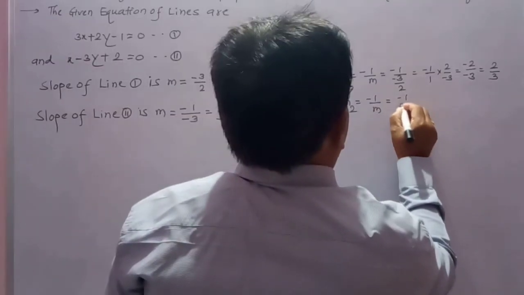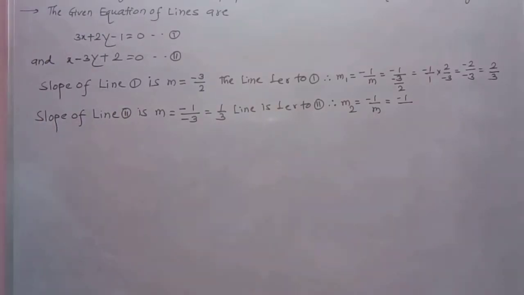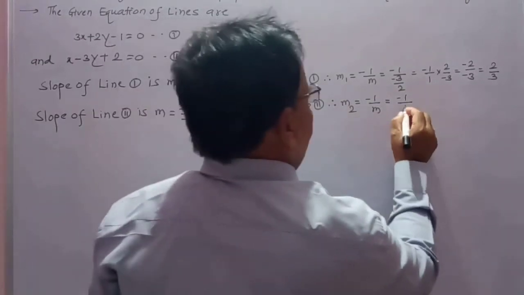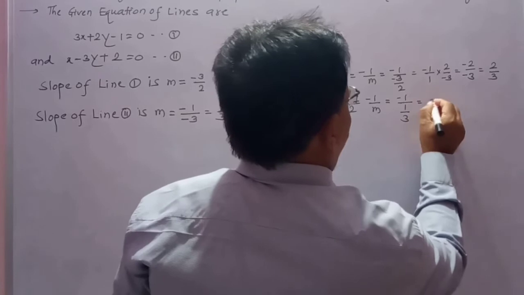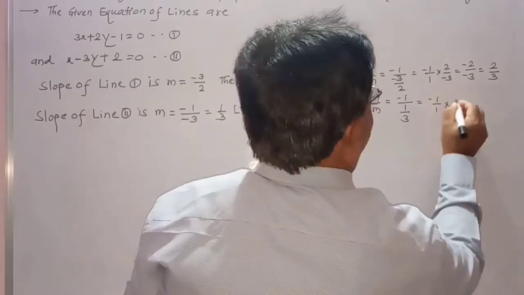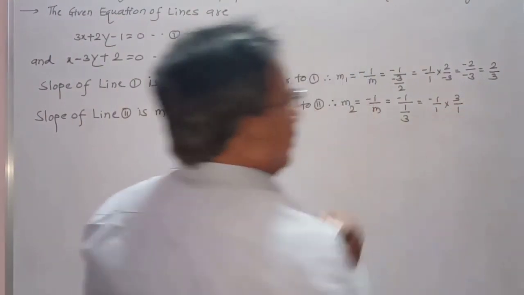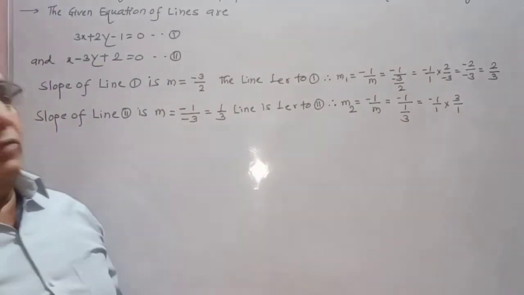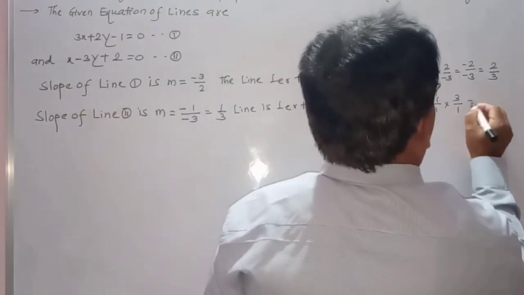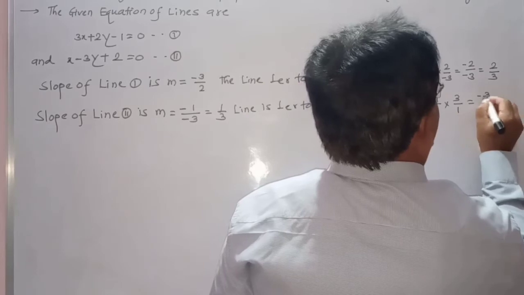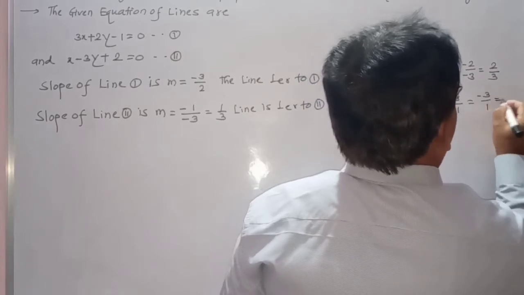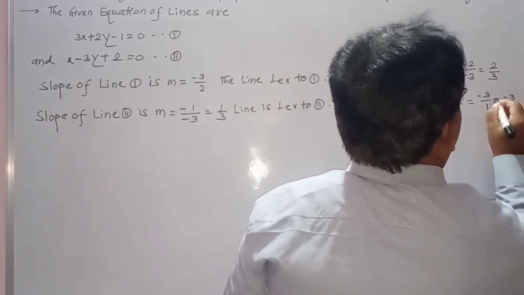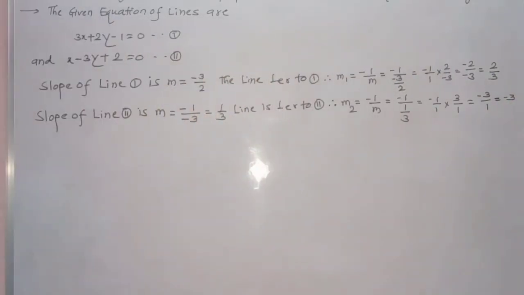The value of m is 1 by 3. Therefore, minus 1 divided by 1 by 3. The reciprocal of 1 by 3 is 3 by 1. Therefore, minus 1 into 3 is minus 3, divided by 1, so m2 is minus 3. The slope m2 is minus 3.